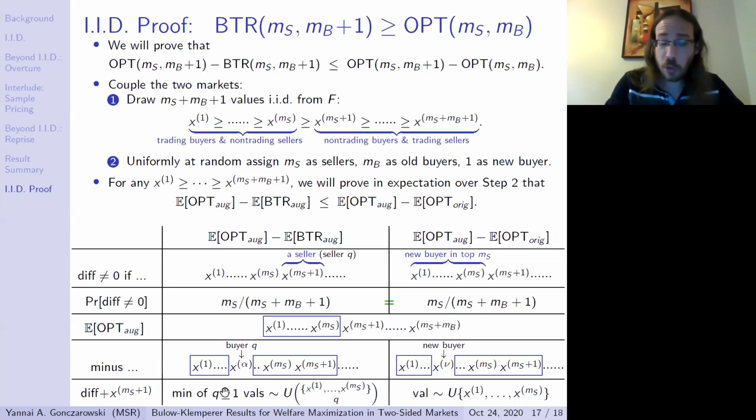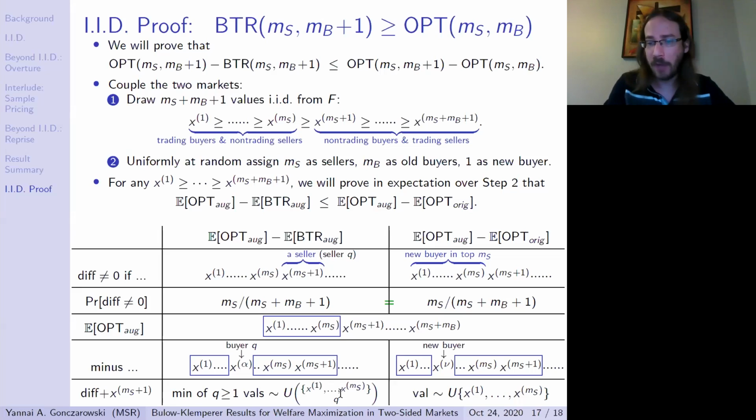You draw Q buyers out of the first MS, and you take the minimum one. So here, this is a uniform value out of the top MS. Here, you draw Q values at random from the top MS, and you take the minimum of the Q. So this is smaller.